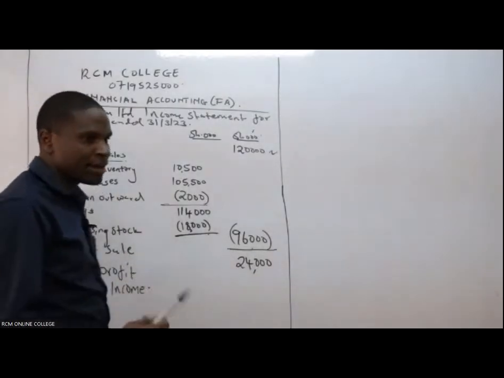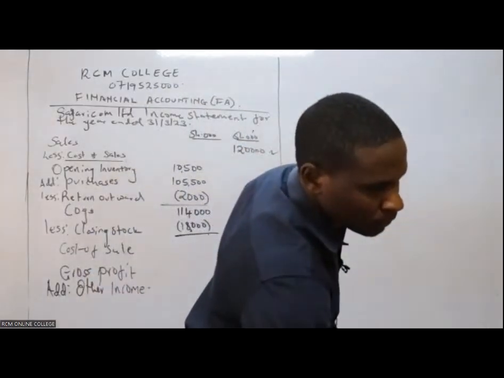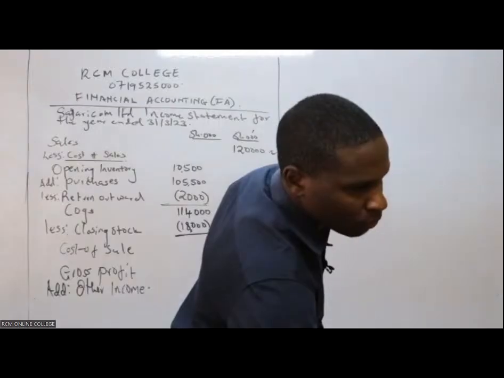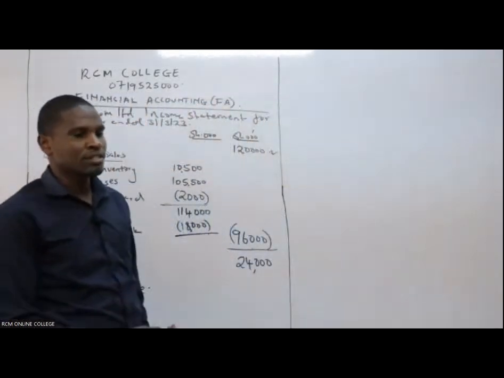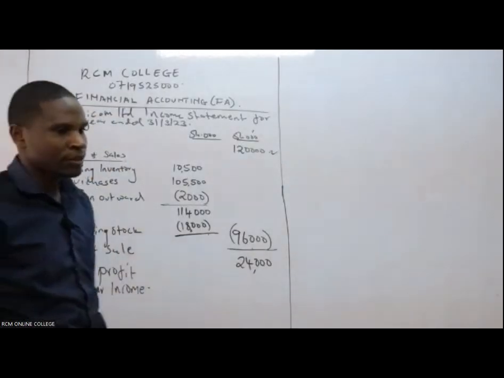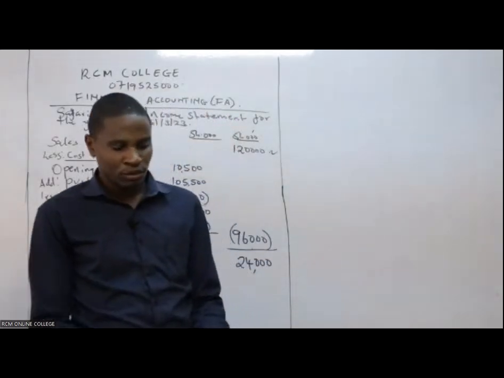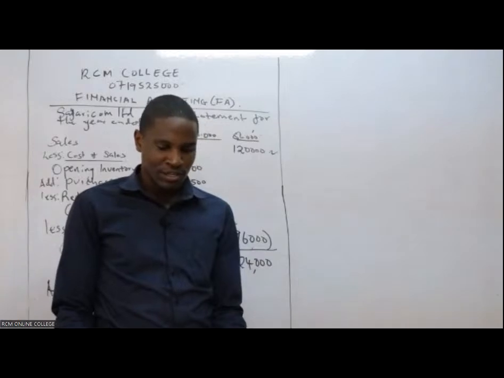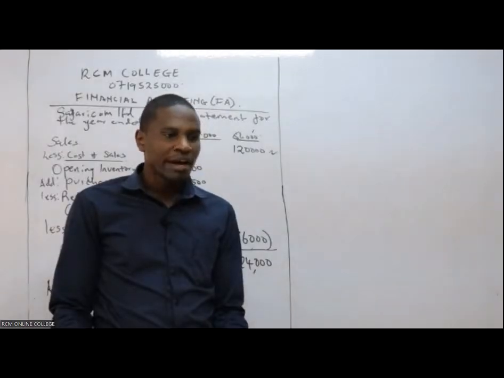We add any other income. Do we have other income? Can you check from the question? I know you have the question. Do we have discount received, and how much is it? If I look at my question, I can clearly see that we had discount received and discount allowed.